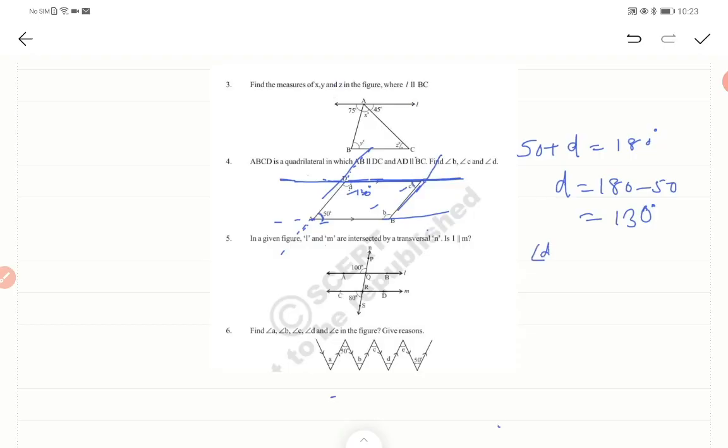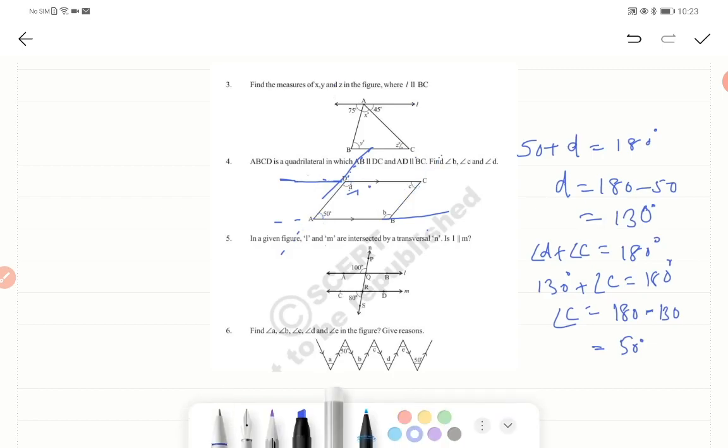Angle D plus angle C is equal to 180 degrees. I know D is 130, plus angle C, which we need to find. So angle C will be equal to 180 minus 130, which is 50 degrees. So your angle C will be 50 degrees.